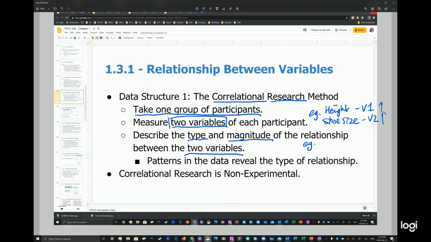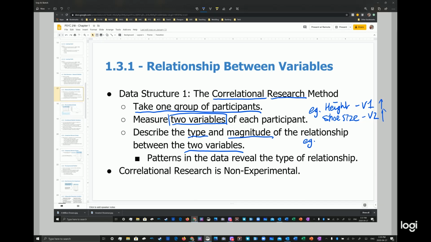directions. So for example, maybe we have another set of variables like the temperature outside the room temperature, and let's say if it's a hot day. So if it's a hot day, would you consider buying a hot cup of coffee or a cold cup of coffee? So if I go hot coffee, and you can think here, as the temperature goes up, the hot coffee sales might go down.